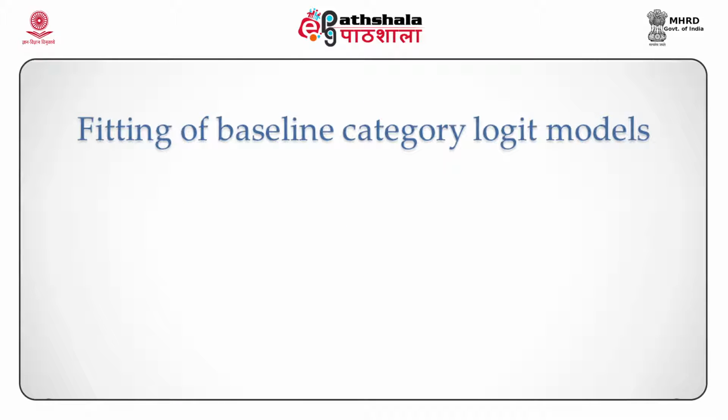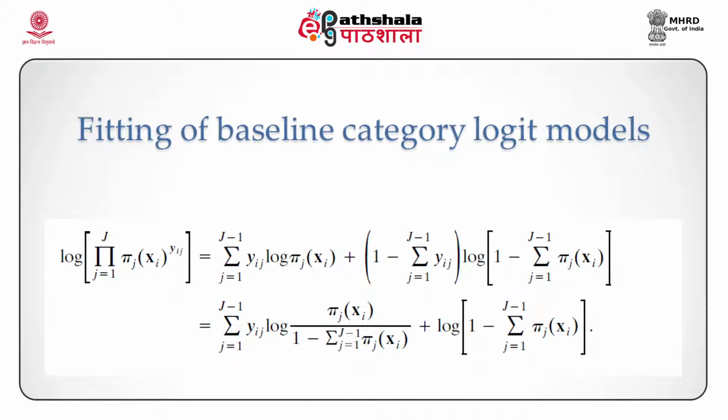The fitting can be done by noting that the likelihood can be written as log of product j equal to 1 to capital J pi_j(x_i) to the power y_ij, which simplifies into summation j equal to 1 to J minus 1 y_ij log of pi_j(x_i) plus 1 minus summation j equal to 1 to J minus 1 y_ij into log of 1 minus summation j equal to 1 to J minus 1 pi_j(x_i), which using the model can be written as summation j equal to 1 to J minus 1 y_ij into log of pi_j(x_i) over 1 minus summation j equal to 1 to J minus 1 pi_j(x_i) plus log of 1 minus summation j equal to 1 to J minus 1 pi_j(x_i).